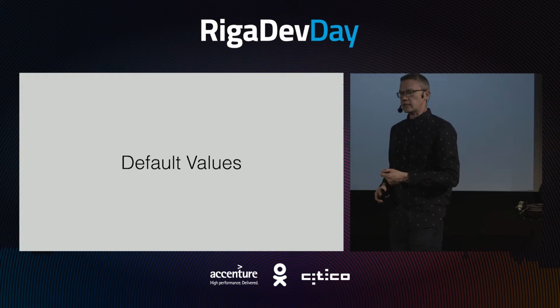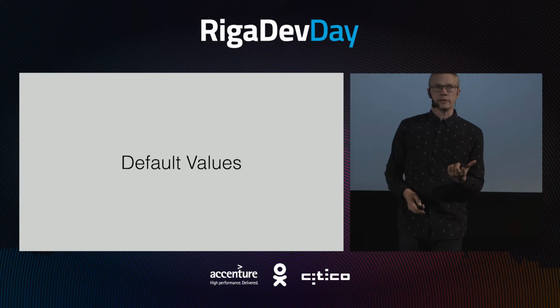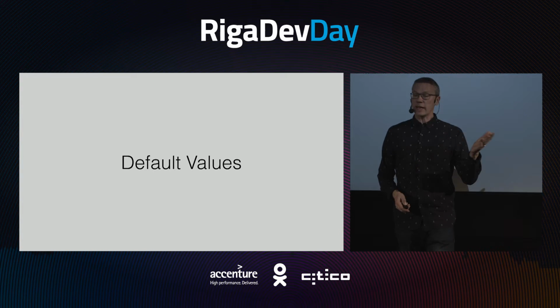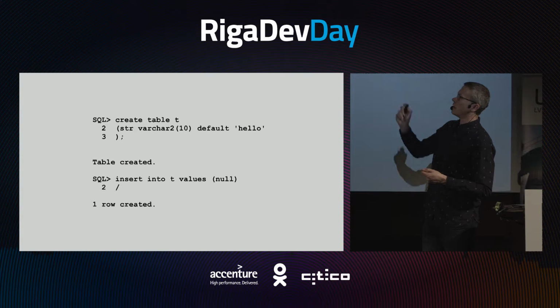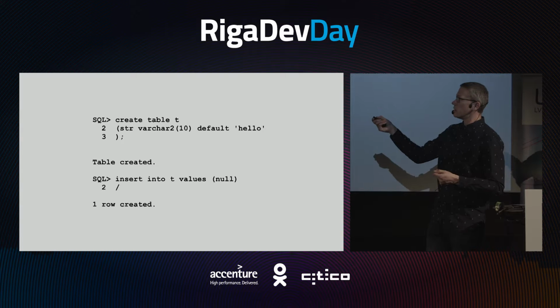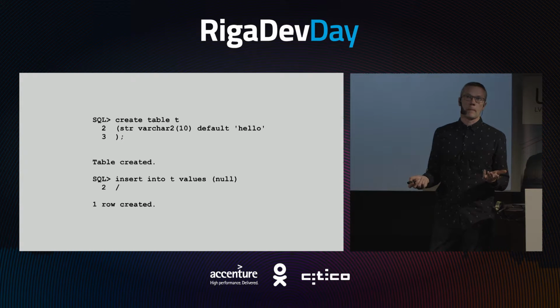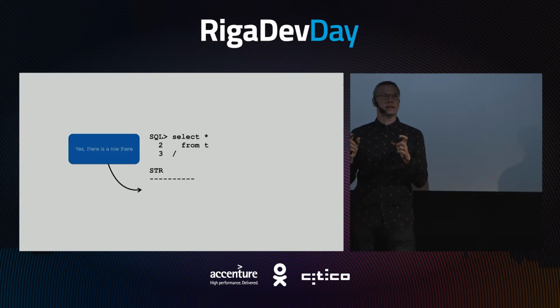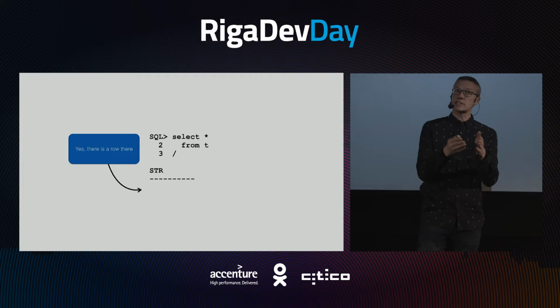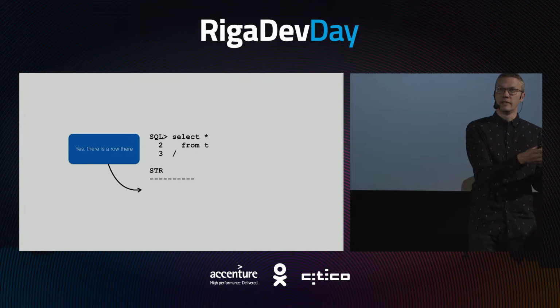A bit more along these lines, they also enhanced the default values. Back in the olden days, if you would create a table and you had a default hello, and if you would insert null, what would happen? Yeah, you get a null. If you query it, there is a row there, and it's null, because you specified it should insert a null.